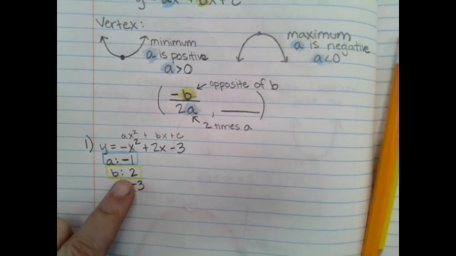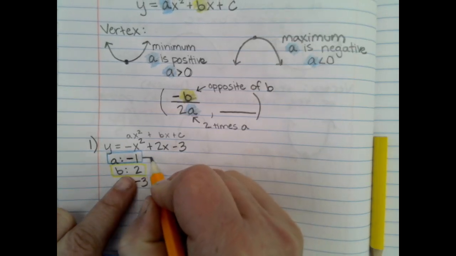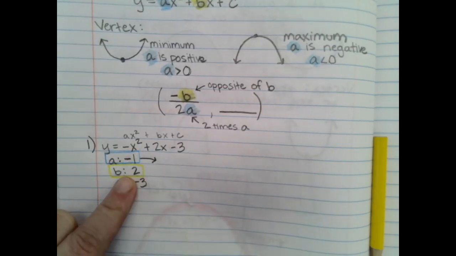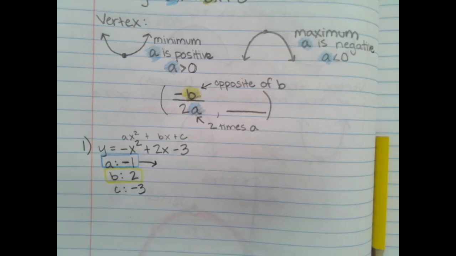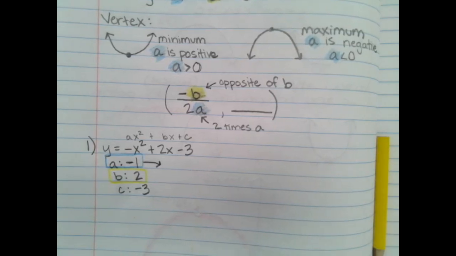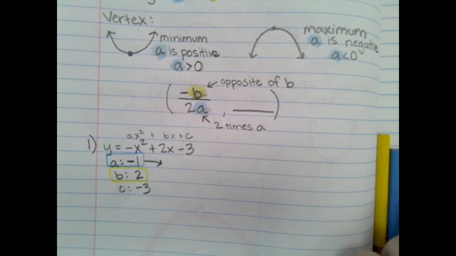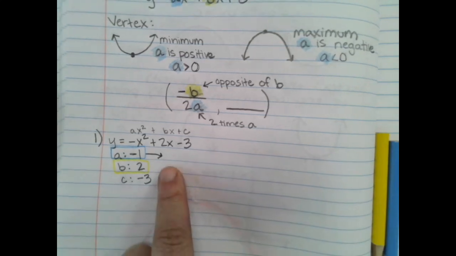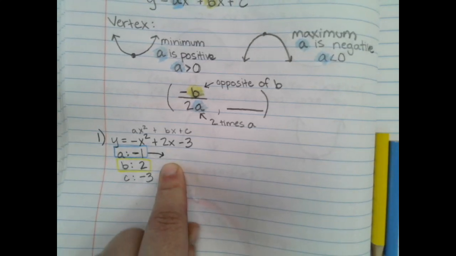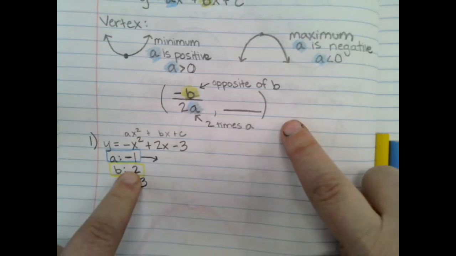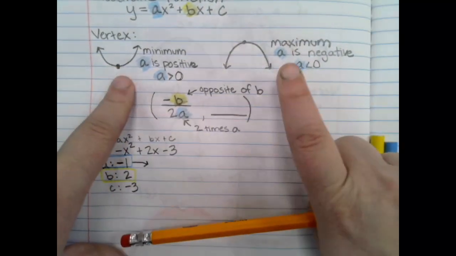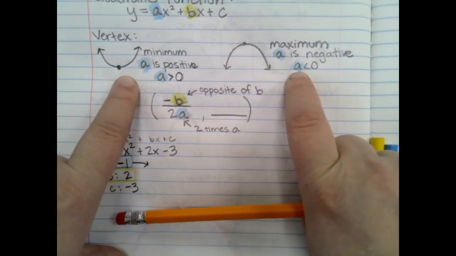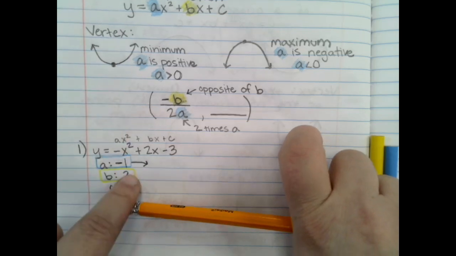All right, because our A is negative, as we graph this, there's lots of checks for us to see if what we're doing is right as we go. So first thing we're going to do is kind of visualize this. If A is negative 1, am I going to get a minimum or a maximum? What does that A tell me?